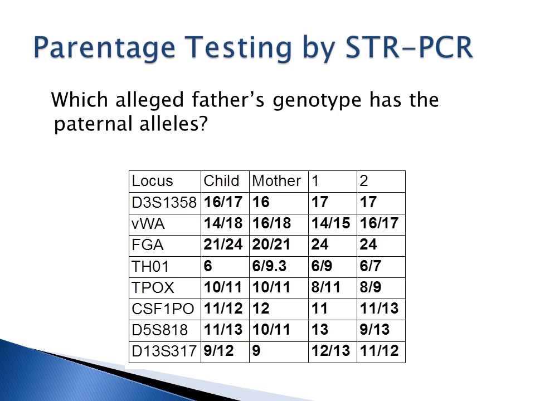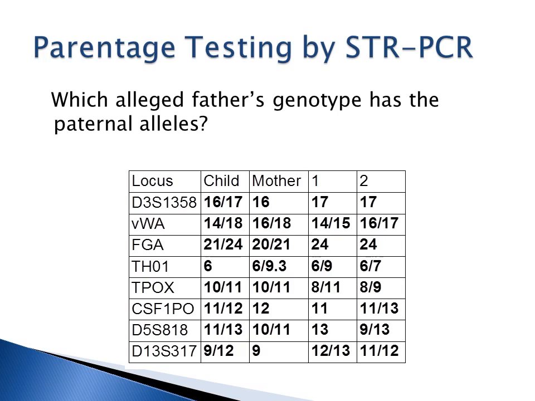For the locus VWA, the child is 14,18 and the mother is 16,18. The alleged father 1 is 14,15 and alleged father 2 is 16,17. Since the mother has the 18, the child must have gotten the 18 from the mother. So that leaves the 14 from the father, and only alleged father 1 has the 14.